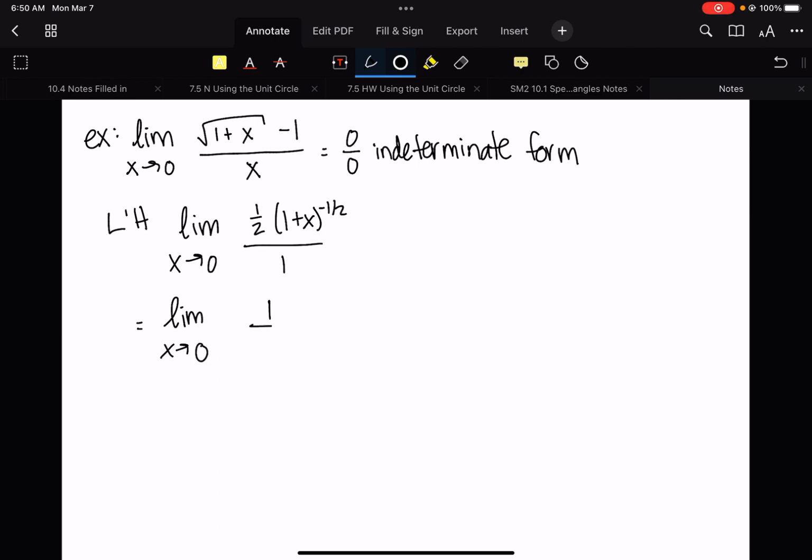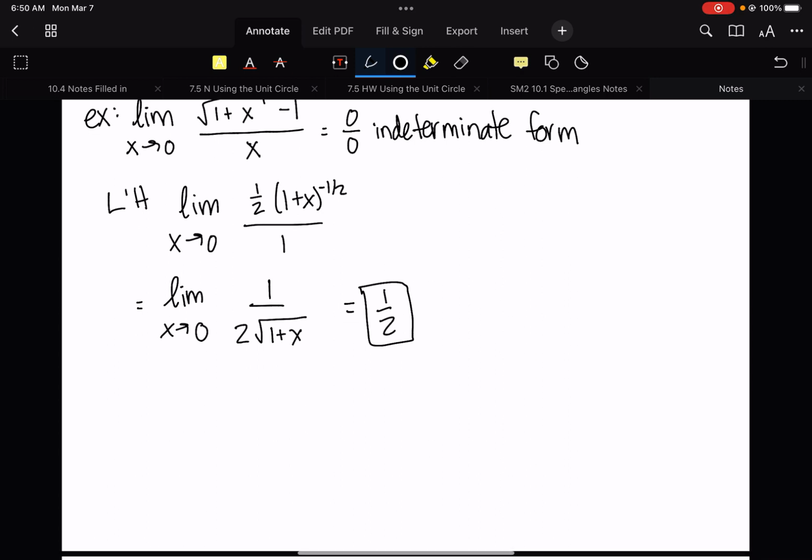This just turns into 1 over 2 square roots of 1 plus x. Now I can do direct substitution. I just think L'Hopital's rule is so cool. This is when you can do direct substitution. You plug in 0 now, and you get 1 over 2 times the square root of 1, which is just 1 over 2. So we get a finite number for our limit here.